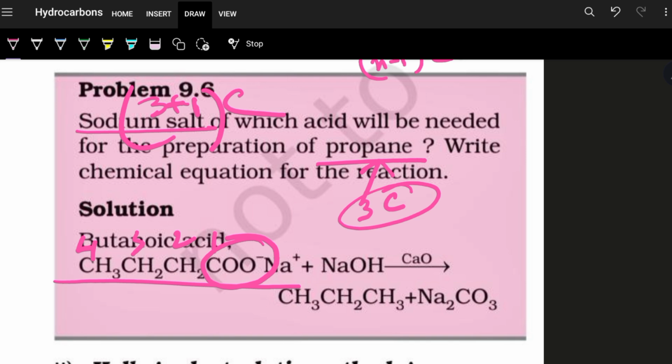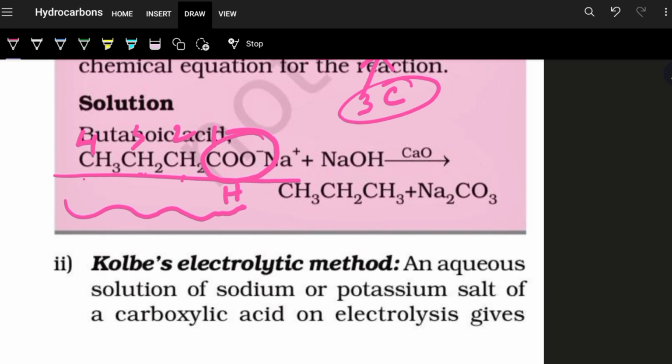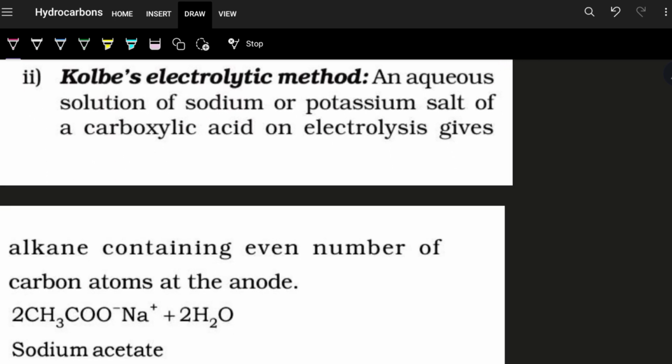So we can start with this. Just remove CO2 and imagine you are giving one H, to find the structure of the final product: CH3, CH2, CH2, and you have given one H, so it is CH3CH2CH3. This is how you will do it.